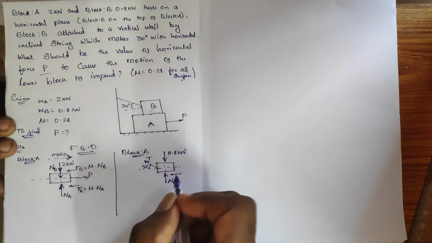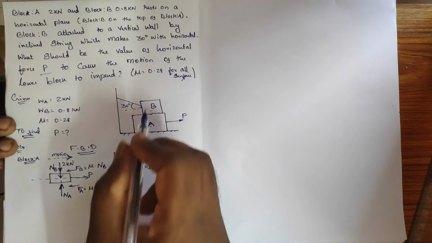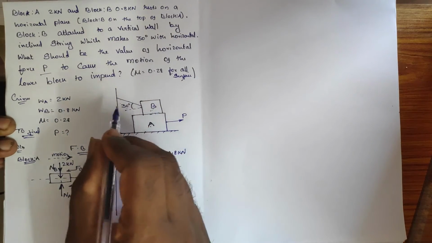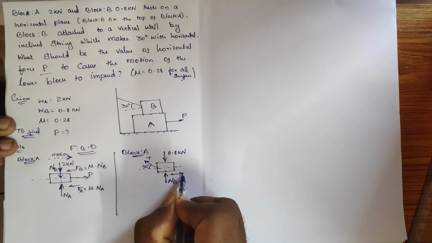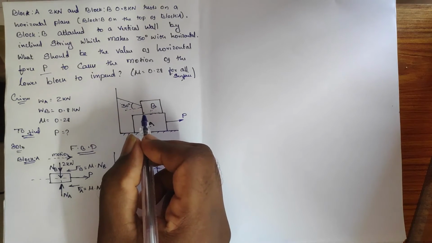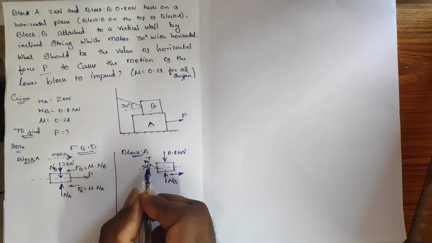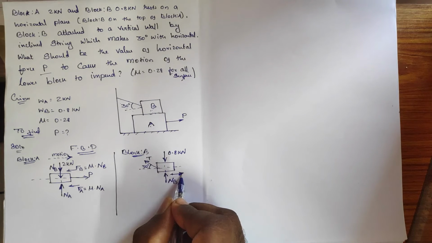The tension force is just holding the body, pulling it to the left side, so the friction force will be acting towards the right side.